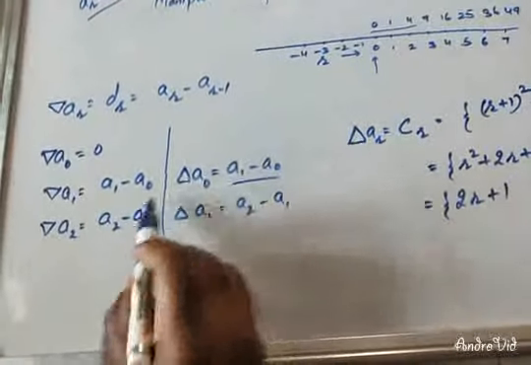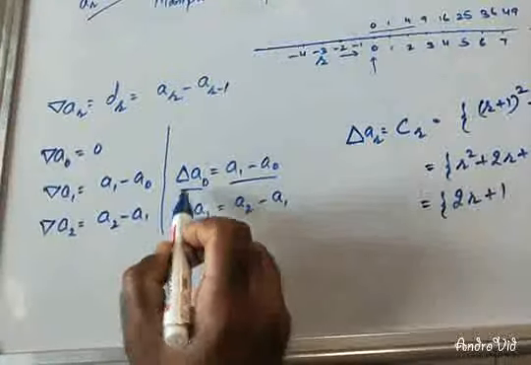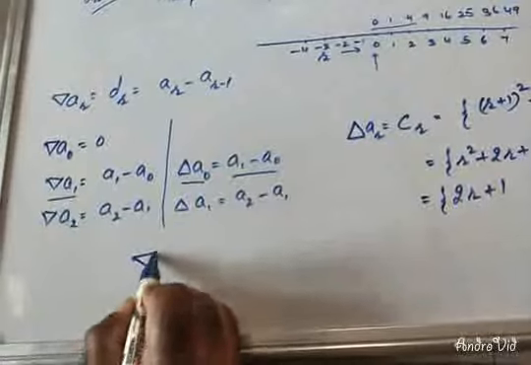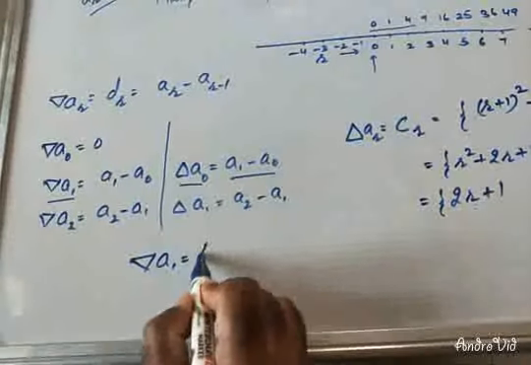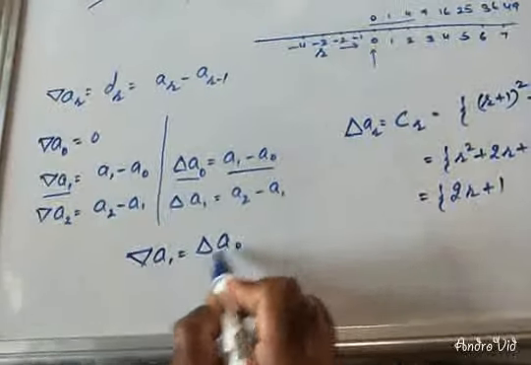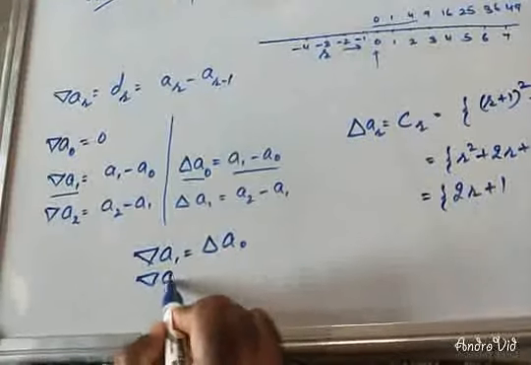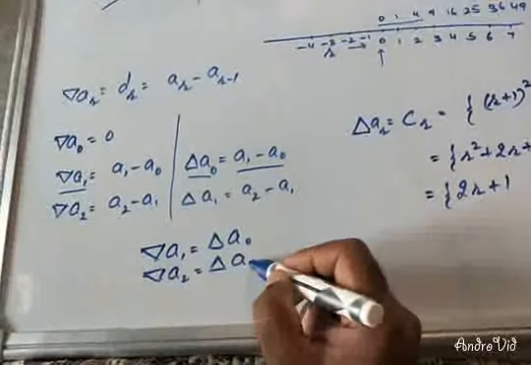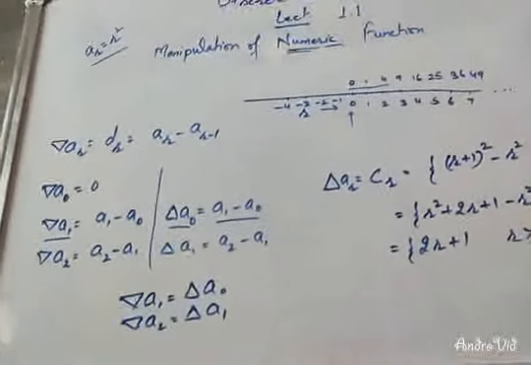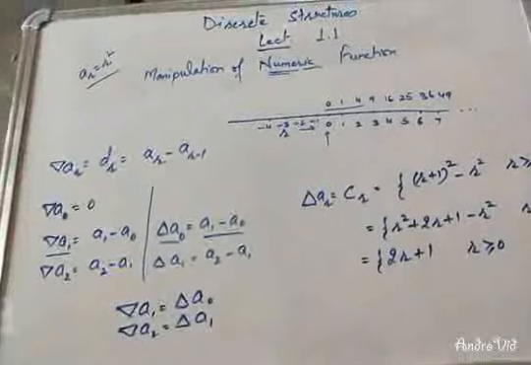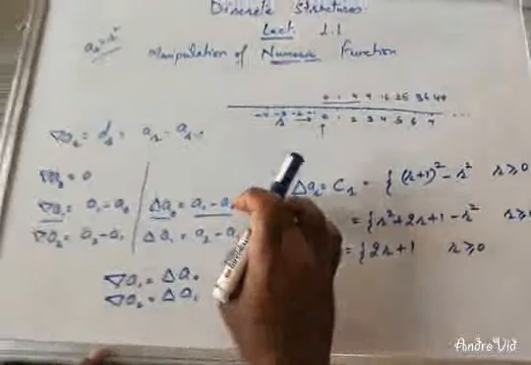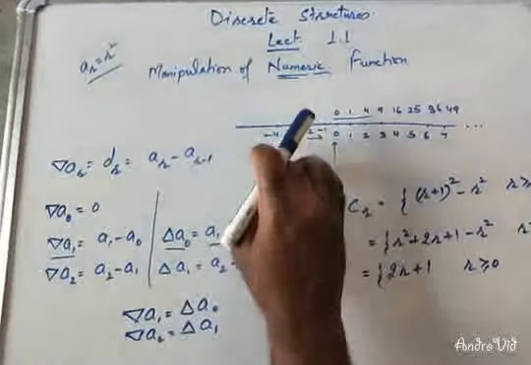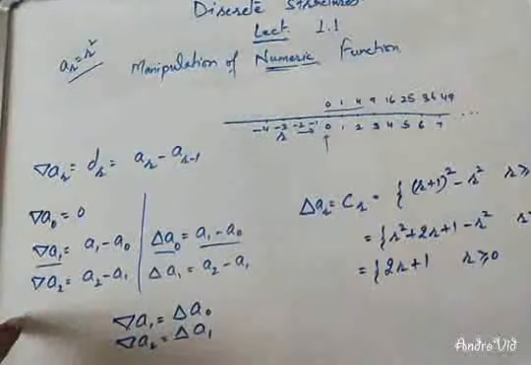So this value, which is known as delta A0, is basically reverse delta A1 only. So we can say that reverse delta A1 equals forward delta A0, and reverse delta A2 equals forward delta A1. And because we have studied positive shift and negative shift, we can say that this is nothing but a negative shifted value.